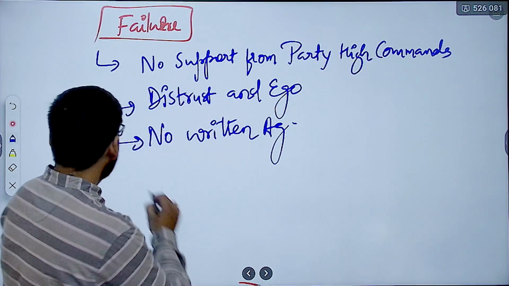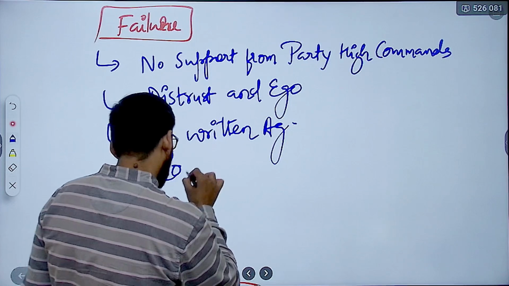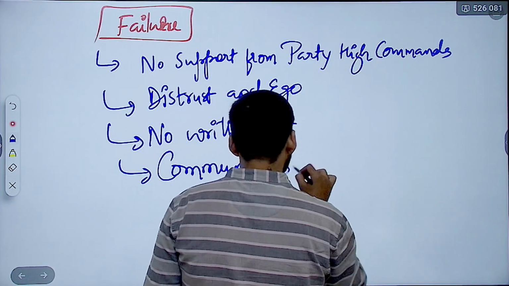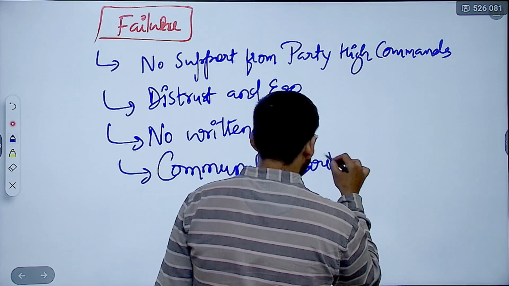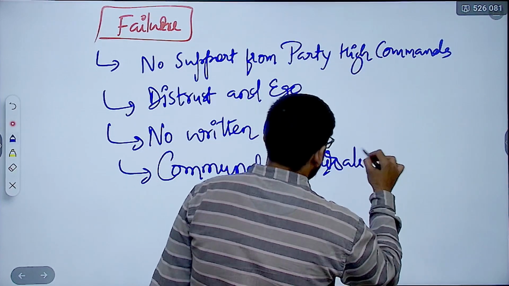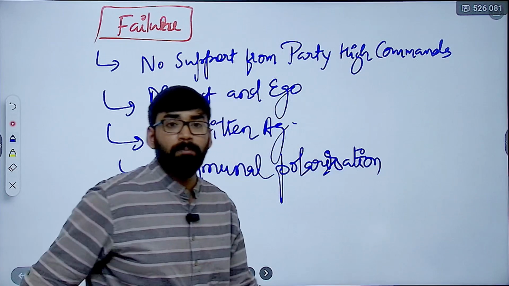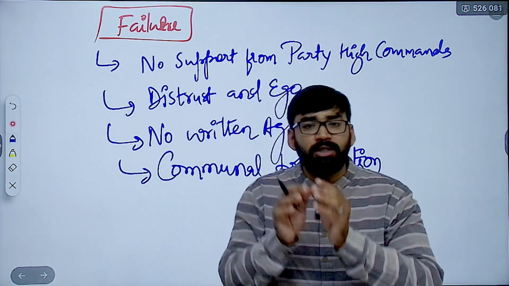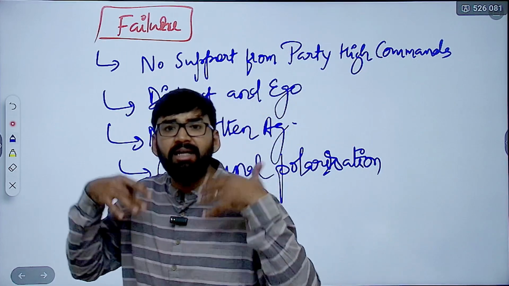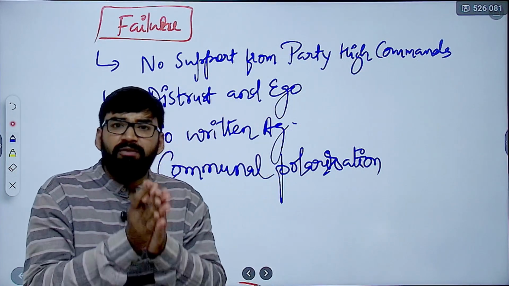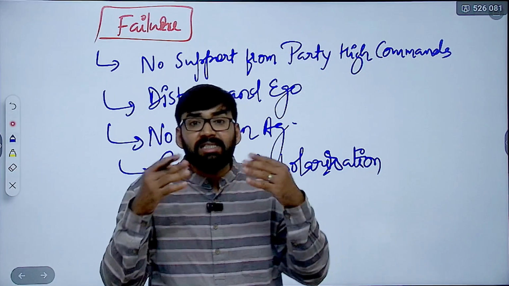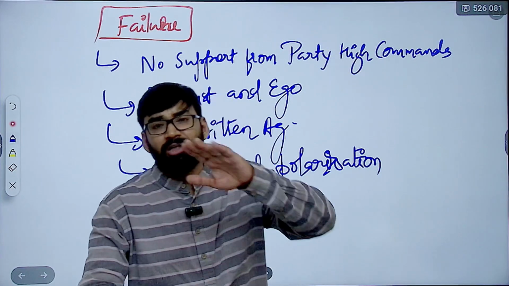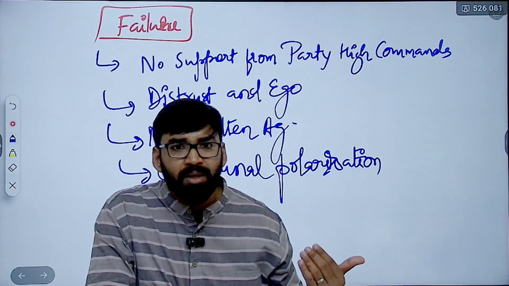Then, communal polarization. By 1945, the two-nation theory had gained ground and a 50-50 formula seemed insufficient to satisfy the Muslim League's ambitions. So, what are the consequences of this?